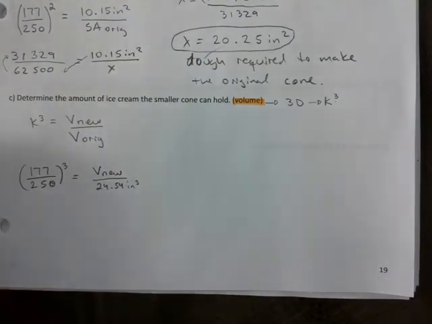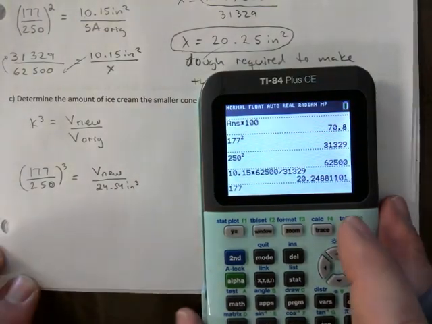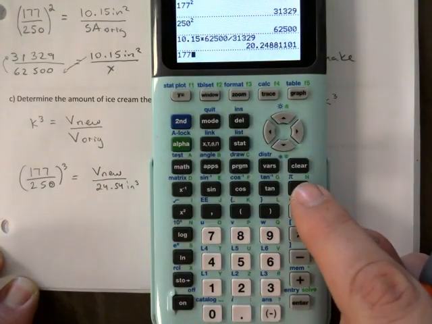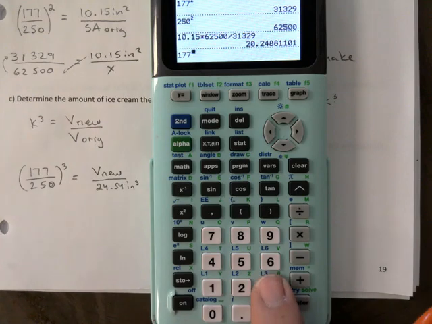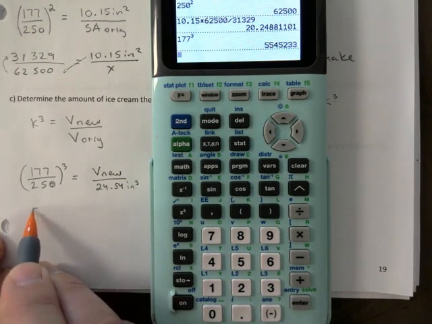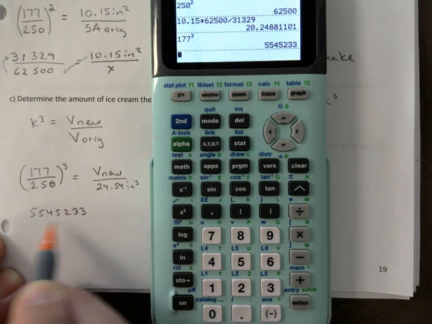And yes, now you're going to have to do the dreadful 177 to powers. Guys, look up here for 1 second. Underneath clear, that hat takes it to the power of whatever you want, right? So 177 to the power of 3 is 5,545,233.